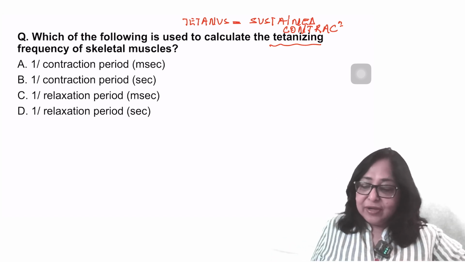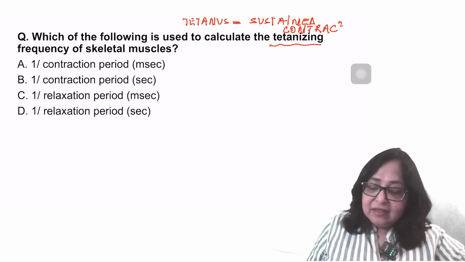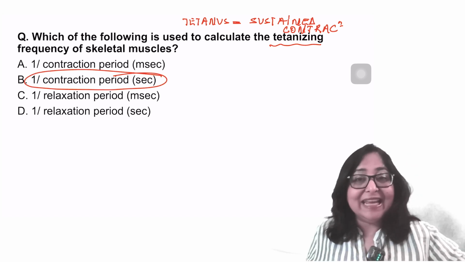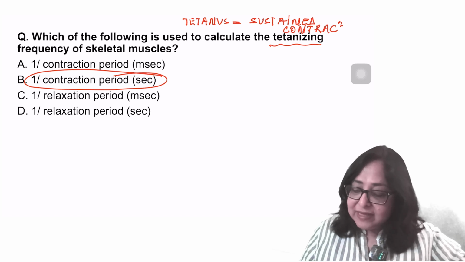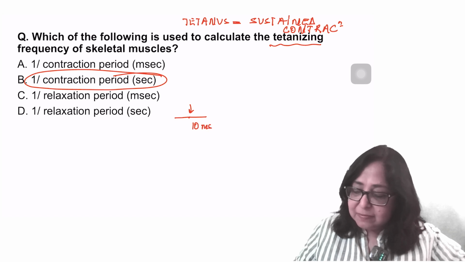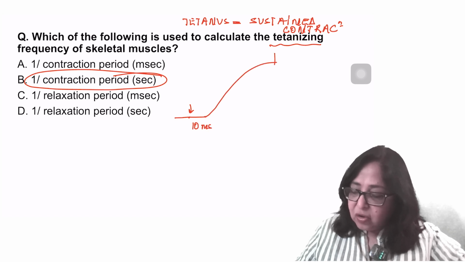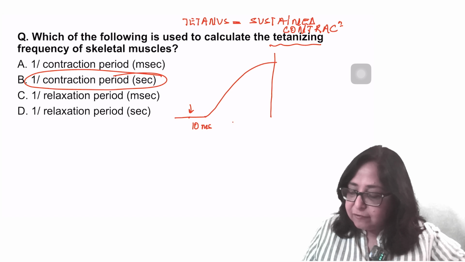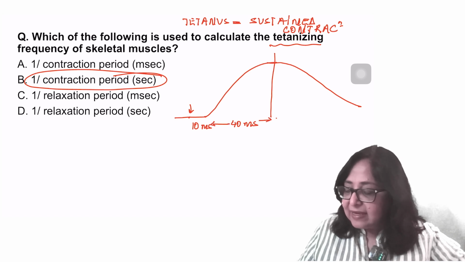So how do we calculate the tetanizing frequency? This is going to be 1 upon the contraction period in seconds. Now, for example, we've given a stimulus to the muscle. Let's say the latent period is 10 milliseconds. Muscle begins to contract. The contraction period, let's say, is 40 milliseconds. And then the muscle relaxes. Let's say that the relaxation period is 50 milliseconds.